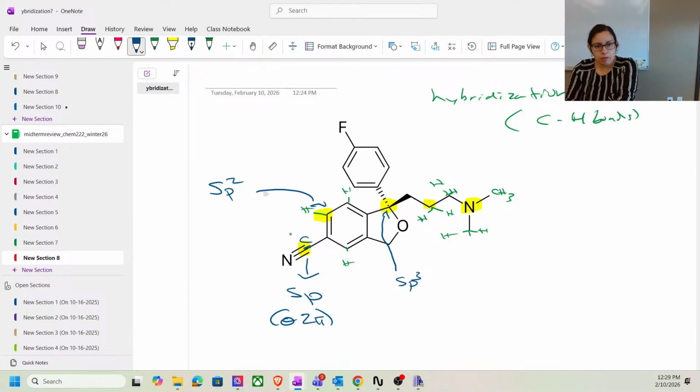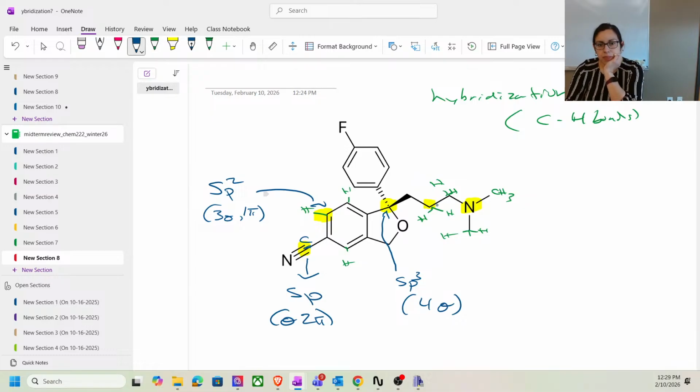And, oh, just for completion's sake, I forgot to say it. So, right, 4 sigma bonds for this one. For here, we have 1, 2, 3 sigma, and then a pi, right? Depending on what I ask on the exam.